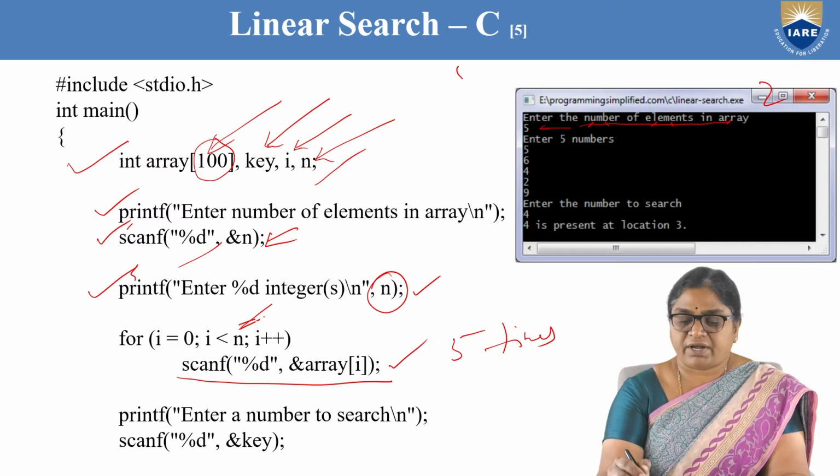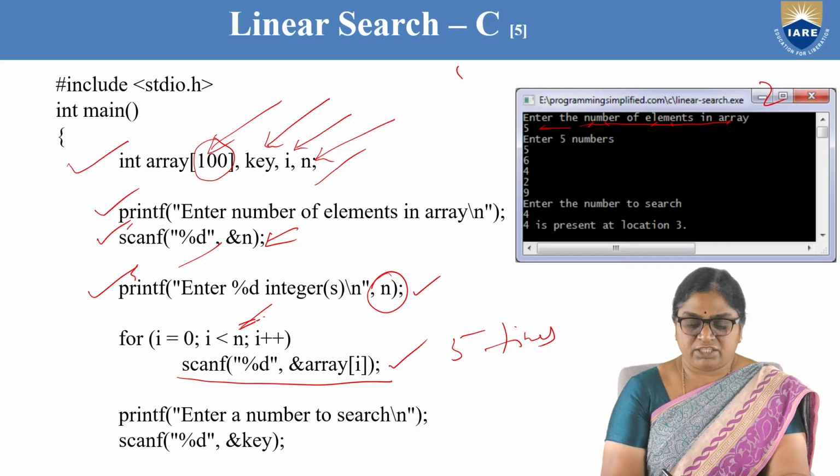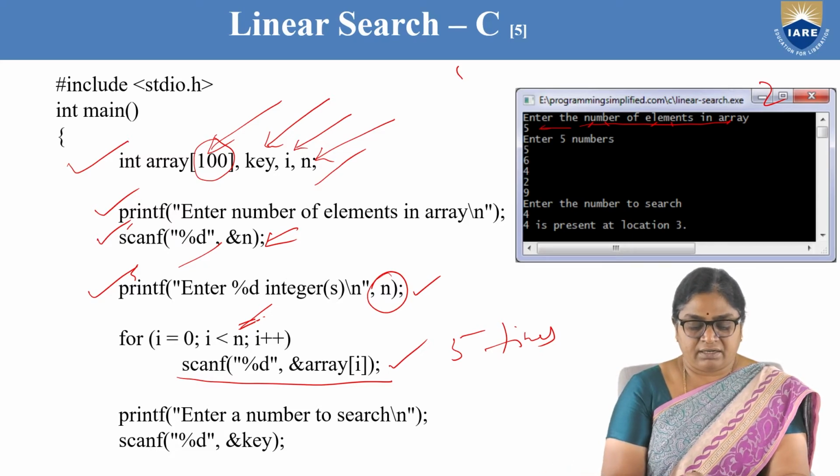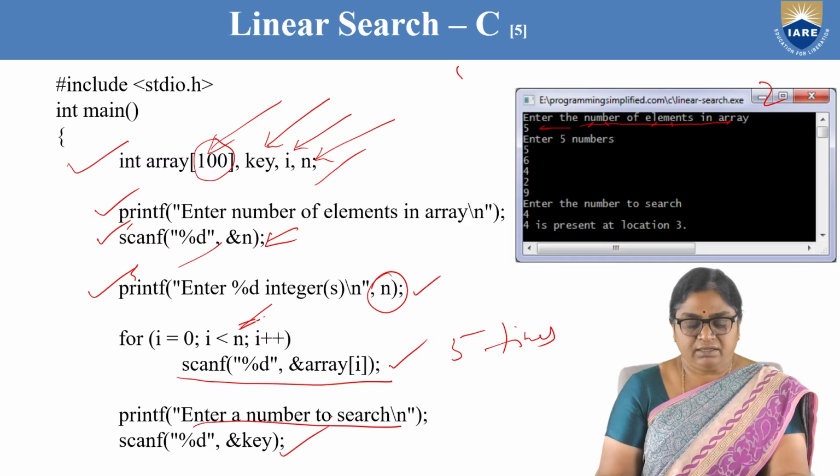After getting 5 different elements into the array, then we are displaying that list. Then we are asking the user to enter the key element which he wants to find in the list. Enter a number to search, and we are accessing the key element which we want to find.